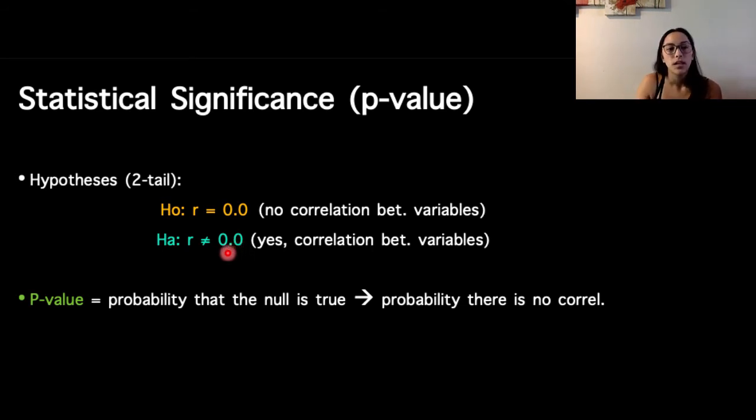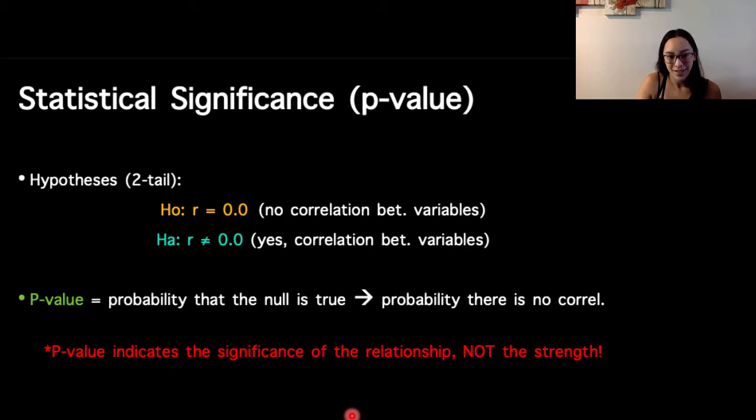Okay. The p-value is going to be the probability that the null hypothesis is true, or the probability that there's no correlation, right? So when we run our statistics, we'll get a significance column or a p-value column in our output, and that will tell us, right, is the correlation coefficient that we found significant or not.